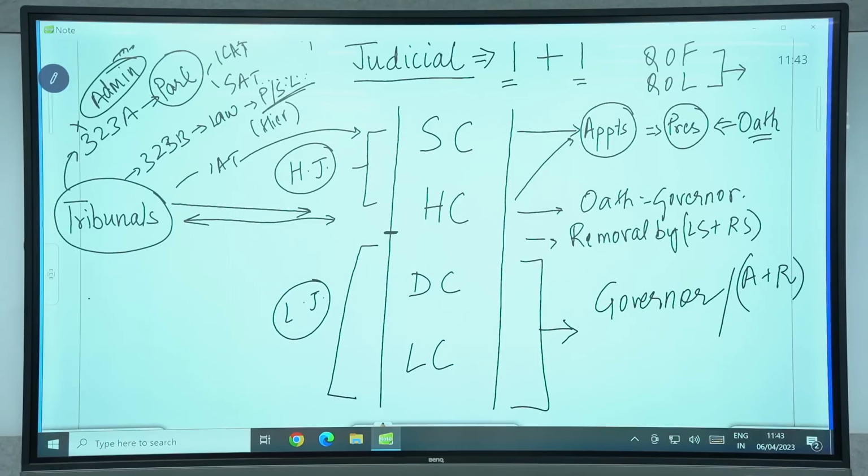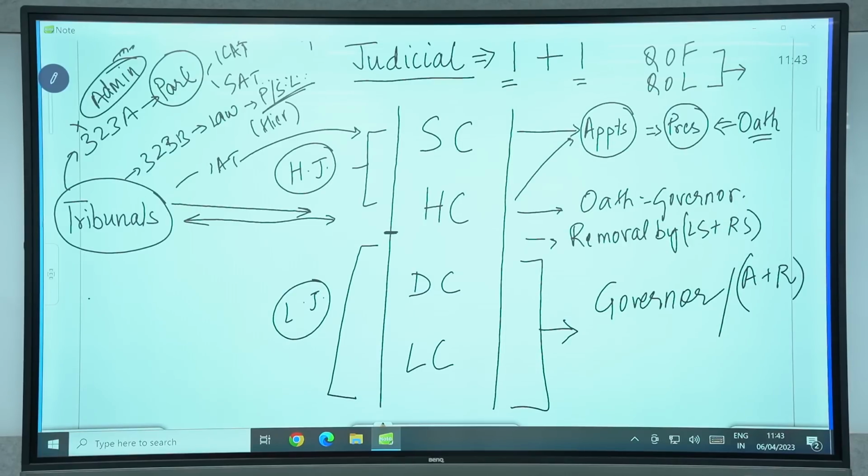In the prelim exam, if they ask you, there are no appellate tribunals for administration, that is correct. There is the Central Administrative Tribunal. There is no Central Administrative Appellate Tribunal. Which is why Central Administrative Tribunal cases will always go on appeal to the High Court, and then from there you will go to the Supreme Court.